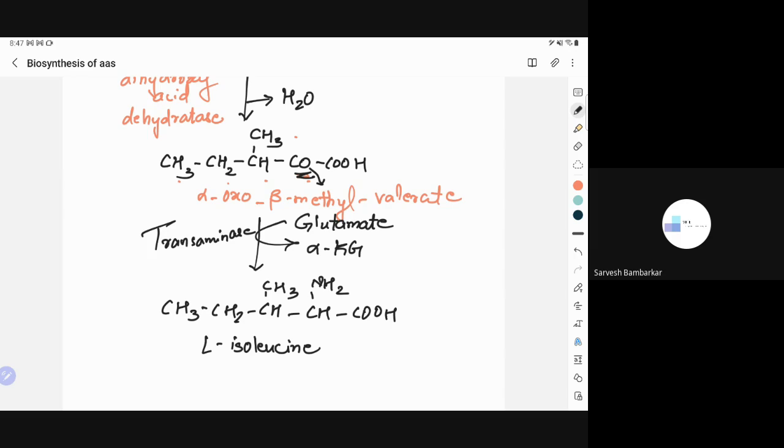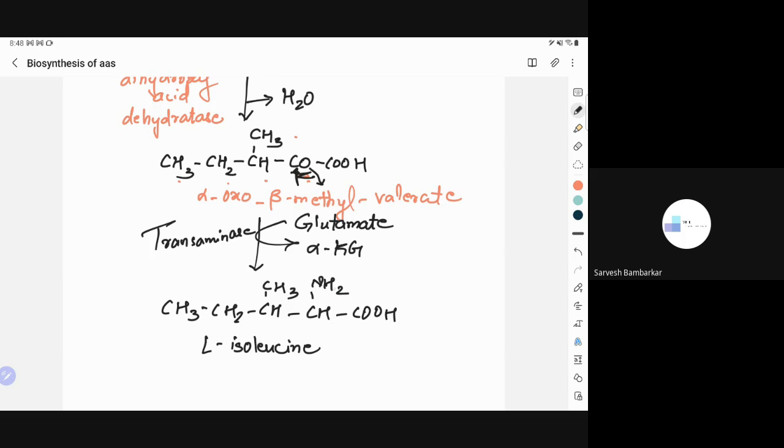Now, to make it an amino acid, you need an amino group. So that amino group is going to be donated by glutamic acid, which donates the amino group and gets converted to alpha KG. So here is where you will add your amino group. So you have to get rid of this oxygen, which goes with alpha KG. So you get CH3, CH2, CH, CH3, CH, NH2, because obviously it comes in the form of NH3 from glutamate.